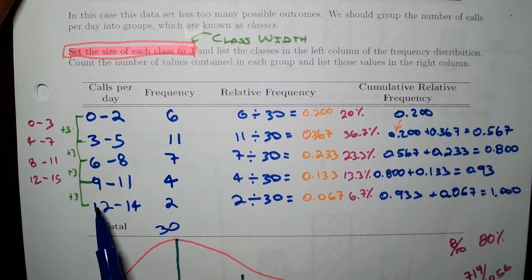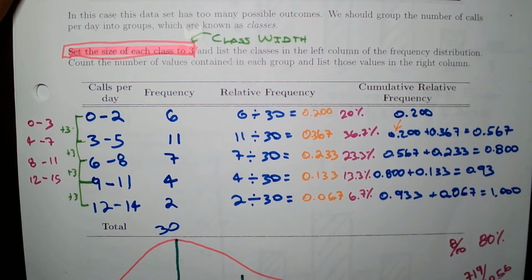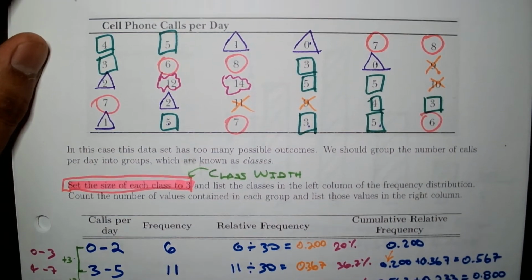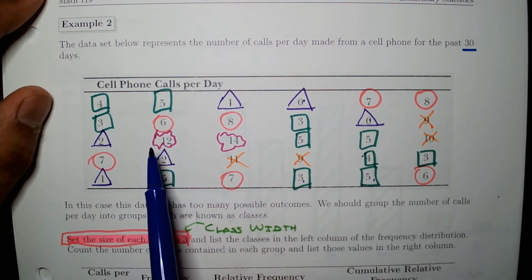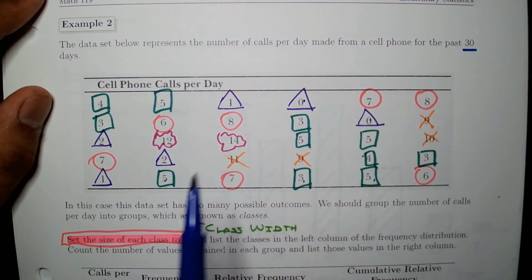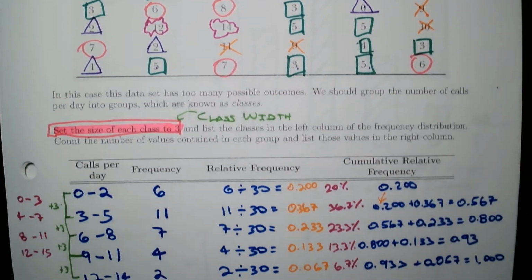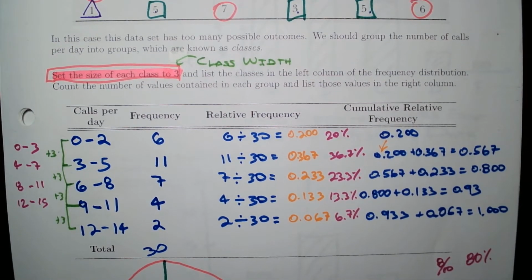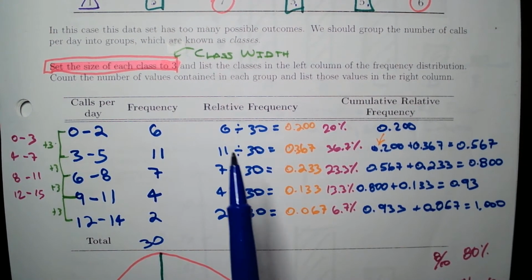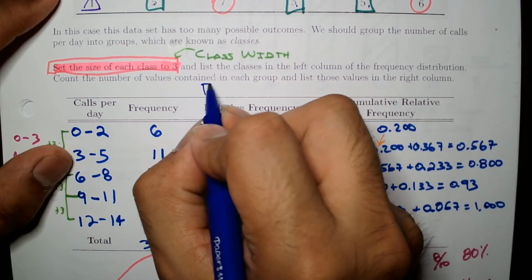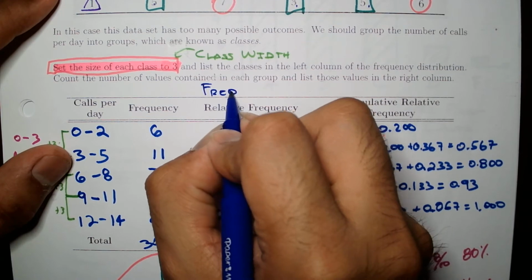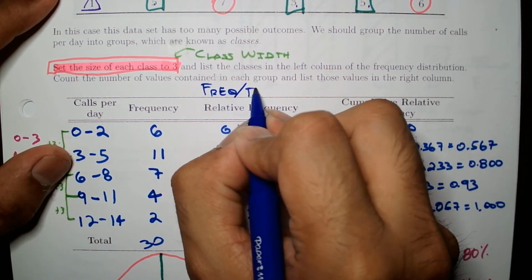And finally, all the observations that go between 12 and 14. In this case, there's only 2, and I use these magenta bubbles. There's only the 12 and the 14, so only 2 observations. Now we're going to do the same: the relative frequency, where we divide the frequency by the total. Let's write it down: frequency divided by total.